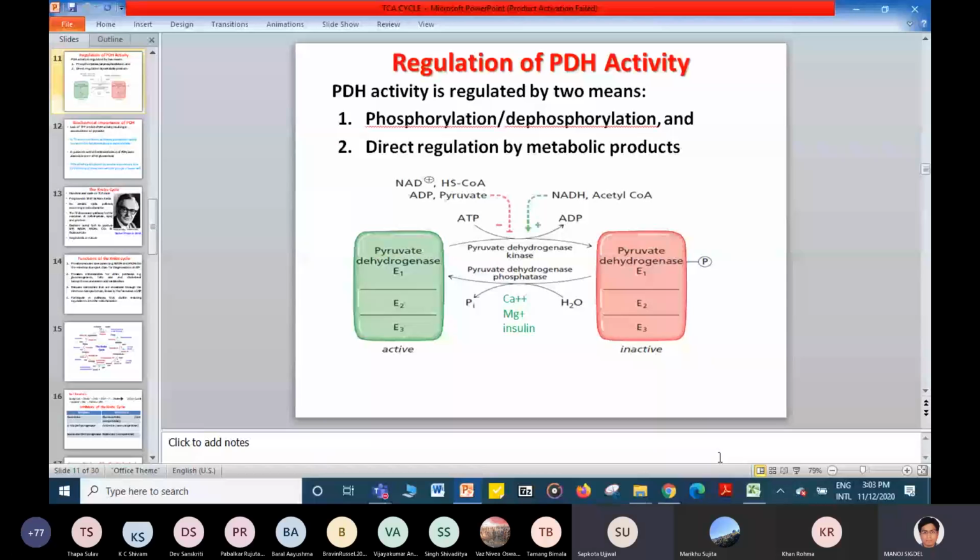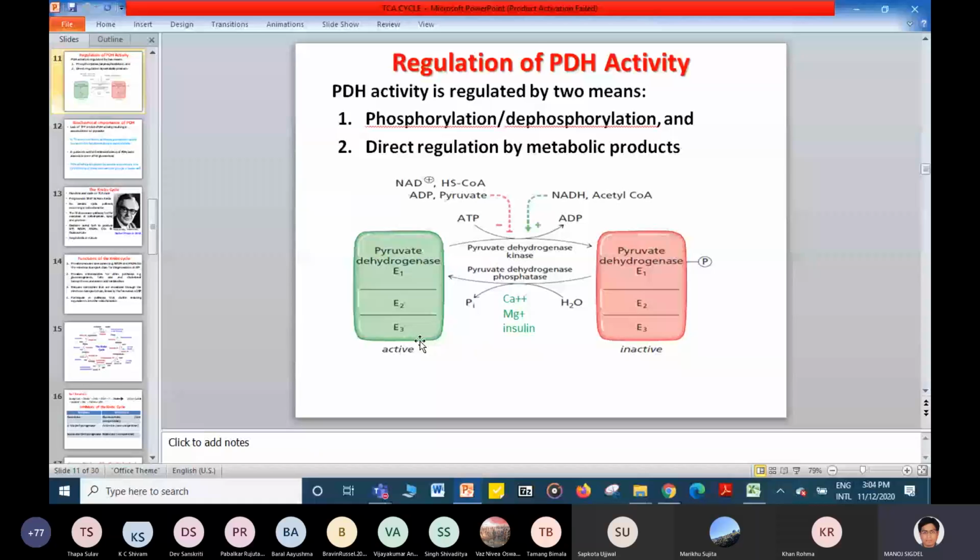Sir, this ATP here is decreasing that pyruvate dehydrogenase kinase. It should increase. Sir, ATP is inhibiting that enzyme, but it should activate the pyruvate dehydrogenase kinase.